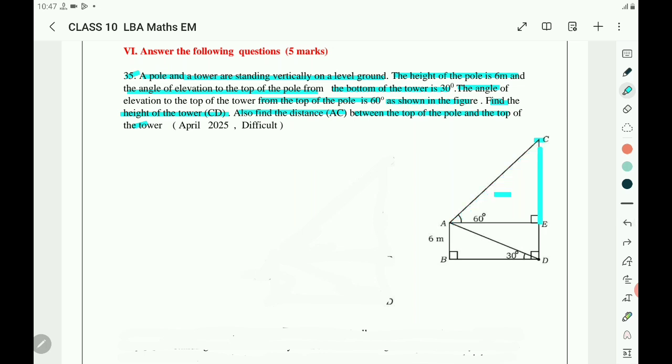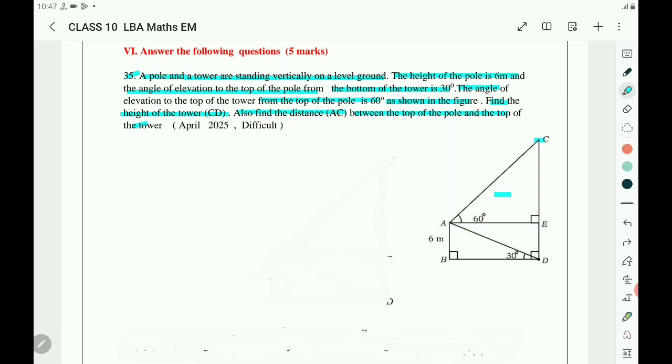If you got CE, you know DE. DE is equals to what? AB. So ED is 6 meter. If you got CE, you can add the measurement of CE and ED to get the height of the tower CD. But to get CE, we have to find out AE.